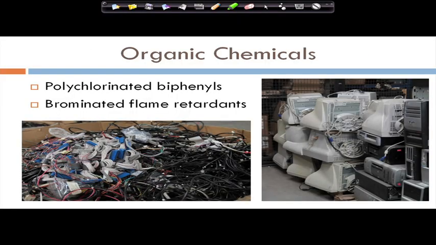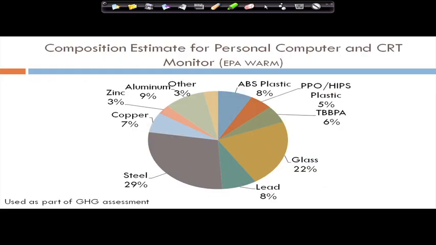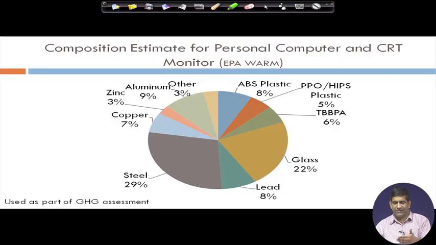After that, we looked at organic chemicals, brominated flame retardants and other substances, whether they come out of electronic waste into the environment, and which components have a negative impact on human health and the environment.